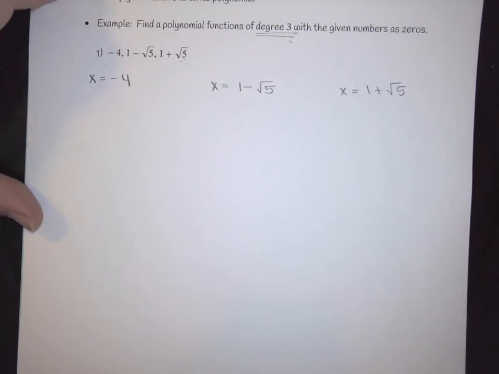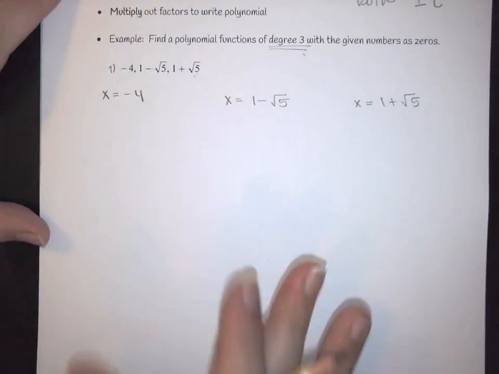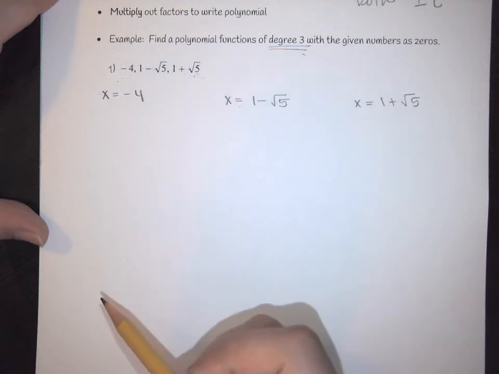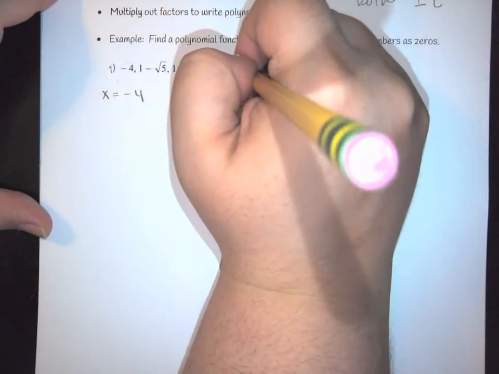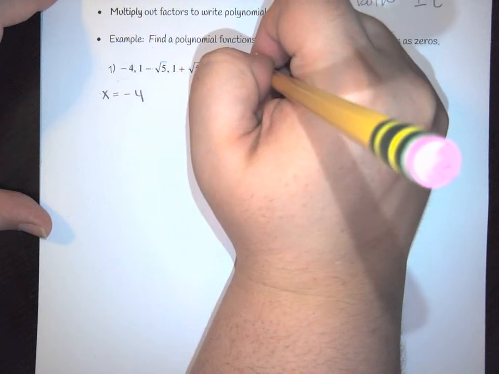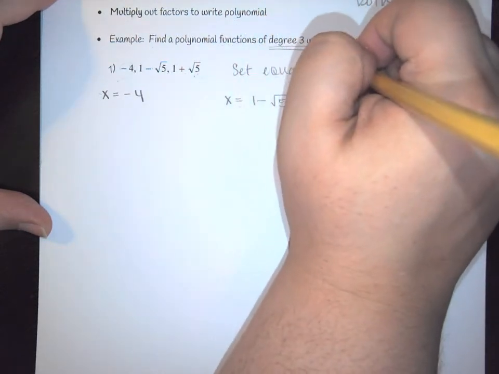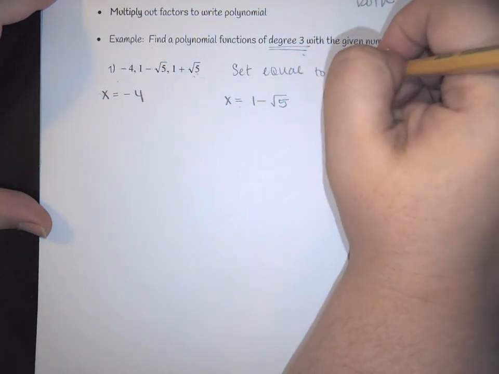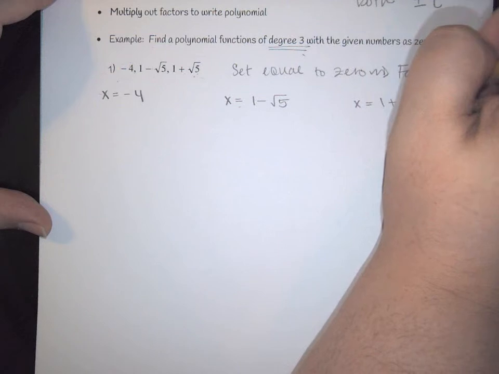So we have to work backwards by essentially setting each of these equal to 0, which is the same as finding your factors.